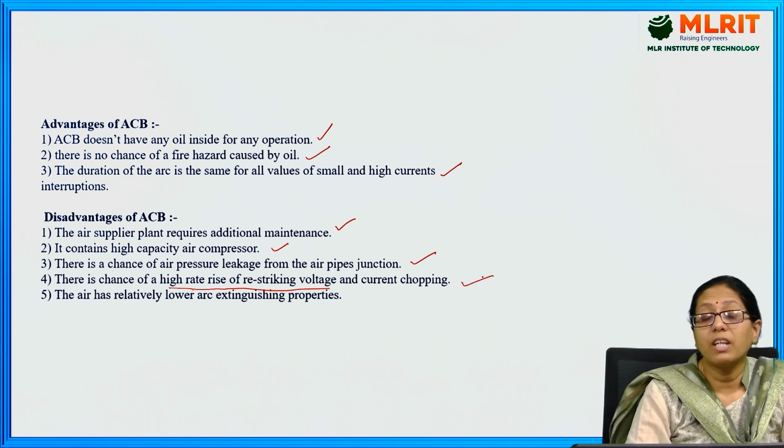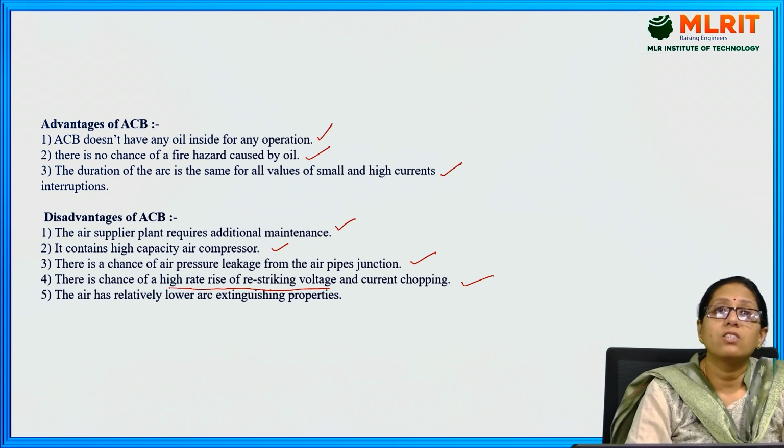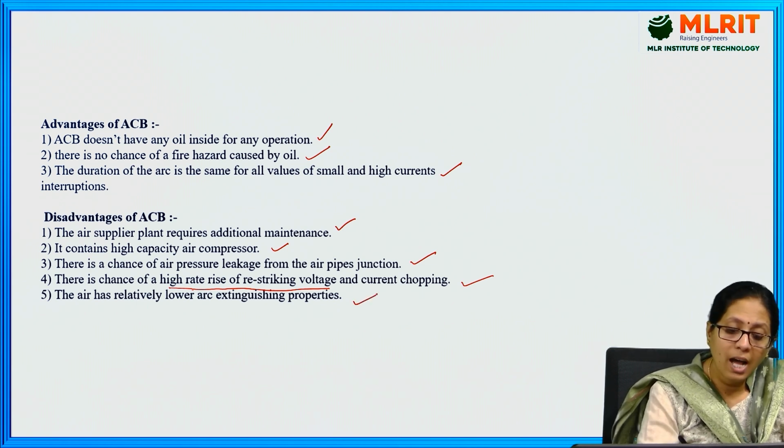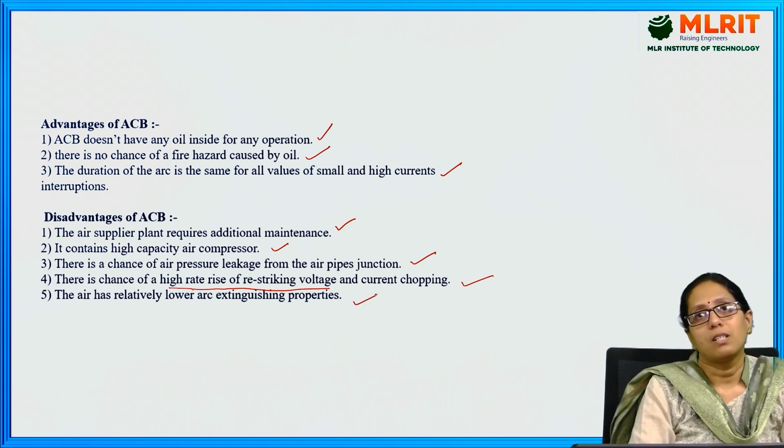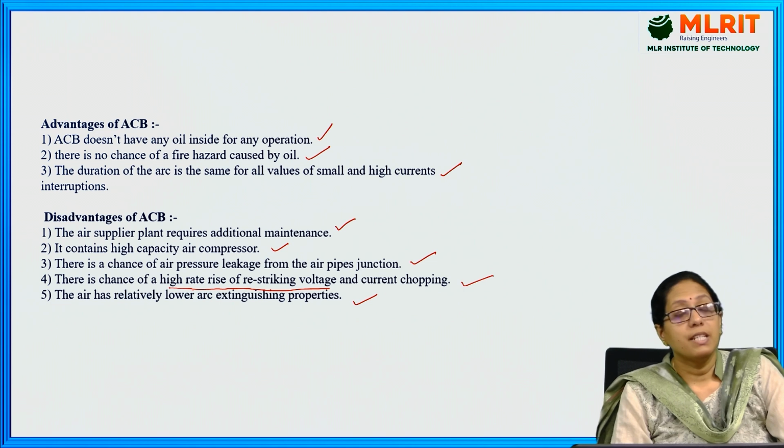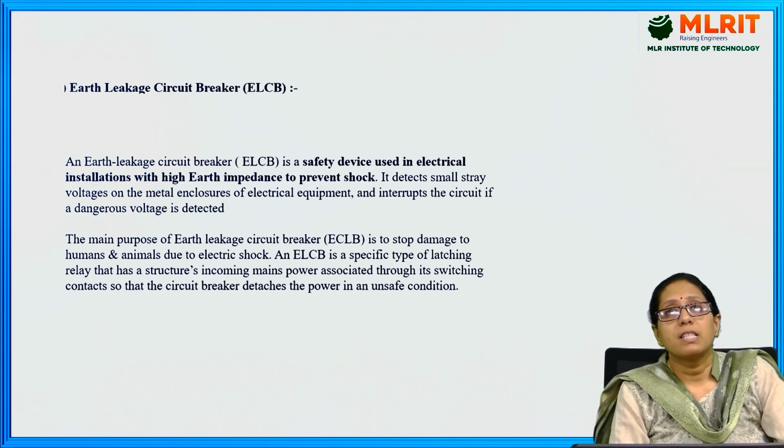The restriking voltage is difficult to handle, and the air has relatively low arc extinguishing properties, so it is difficult. So these are the disadvantages of air circuit breaker.